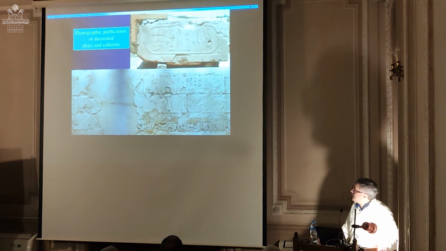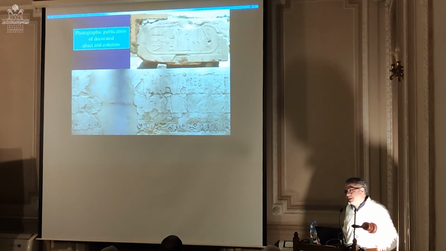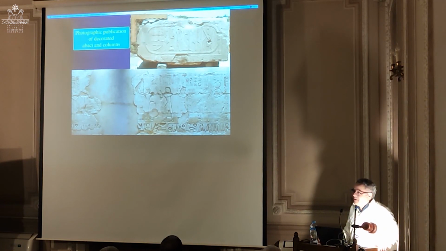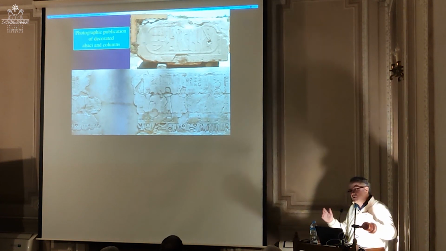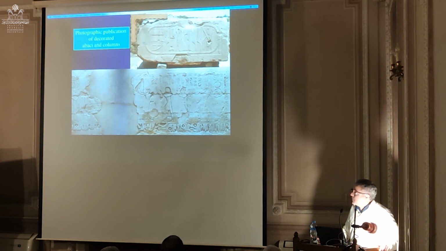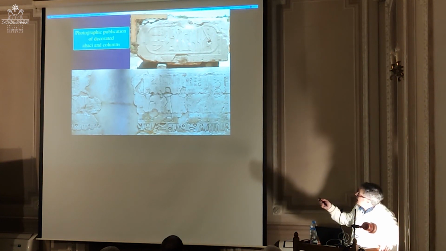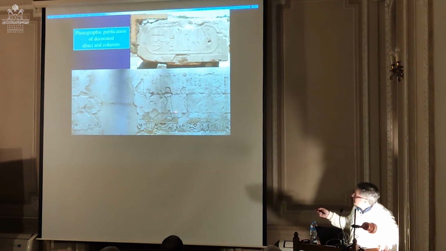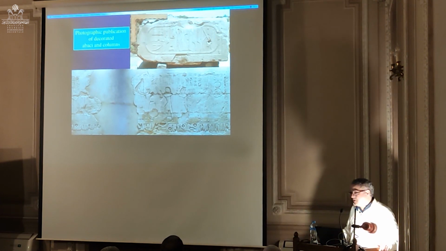One of the challenges of recording in terms of photography is the fact that these columns are cylinder shaped. So it is quite difficult to take pictures of them without heavy distortion, and this is why we rely on photogrammetry. So either for the abaci on top, or here you have what we call a déroulé.